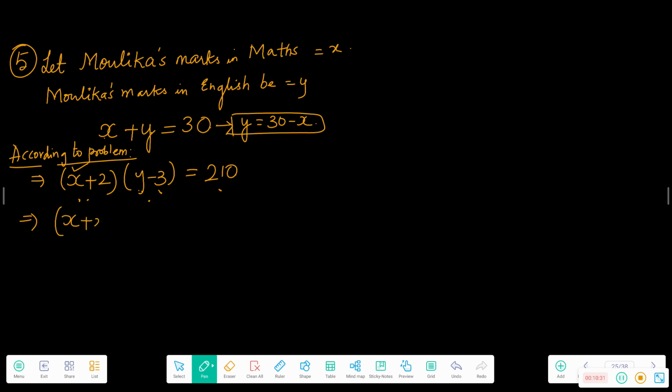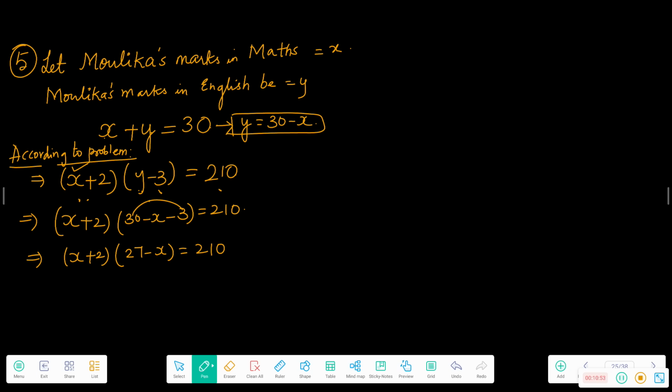So x plus 2 into 30 minus x minus 3 is equal to 210. That is, x plus 2 into 27 minus x is equal to 210.